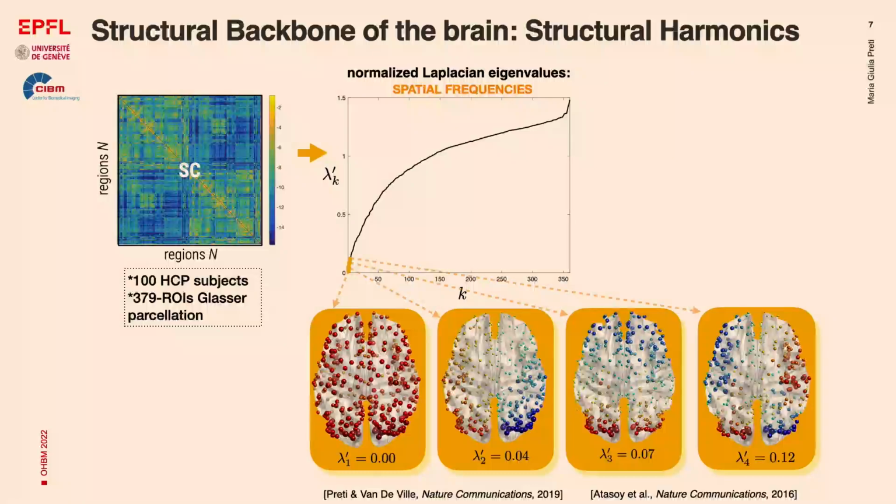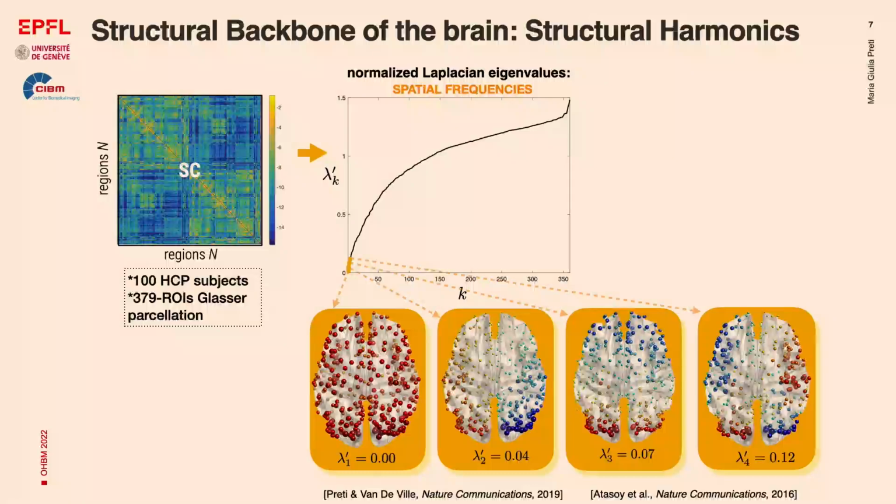In fact, you can see that we can capture the main axes of the structural connectome, so the difference between left and right hemisphere, for example, or the anterior to posterior gradient, or a mix of them. But a feature that all these low frequency patterns have in common is being global patterns and being very smooth on the graph.